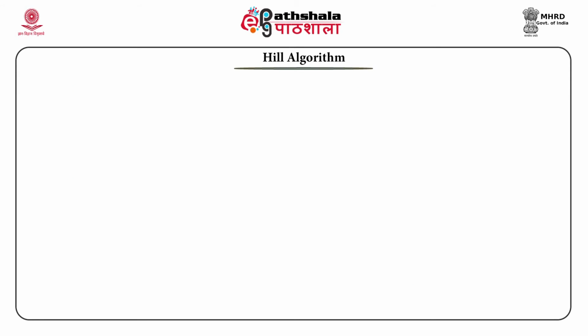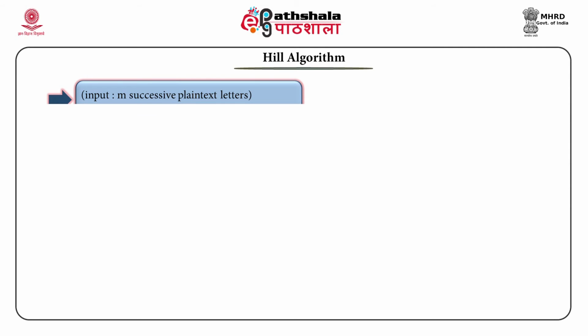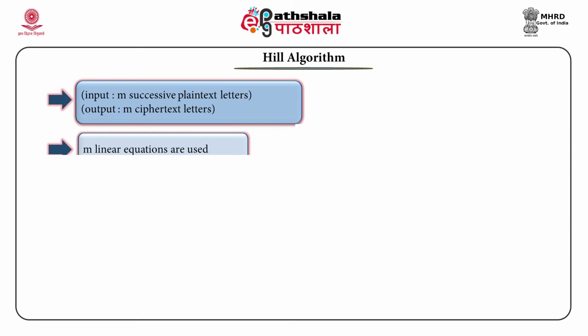Now, Hill cipher. This is a basic thing, basic mathematics which is followed in Hill cipher. The Hill algorithm has input, that is m successive plain text letters, and output is m ciphertext letters. If we have m inputs, m linear equations should be built.